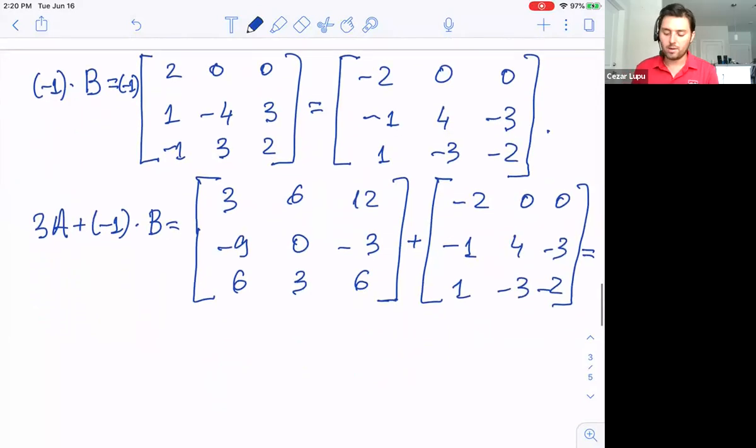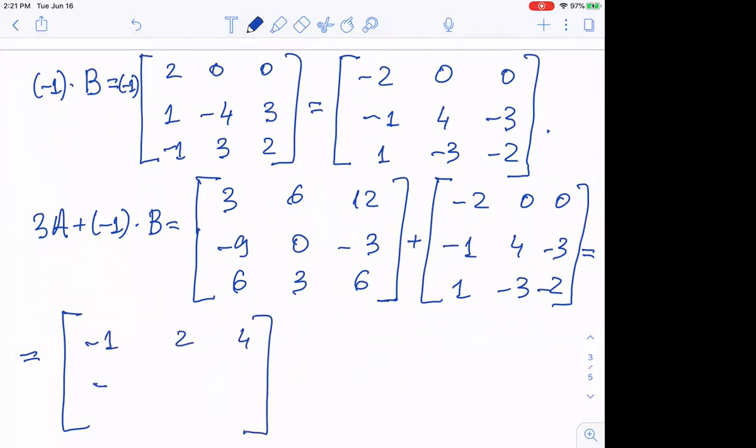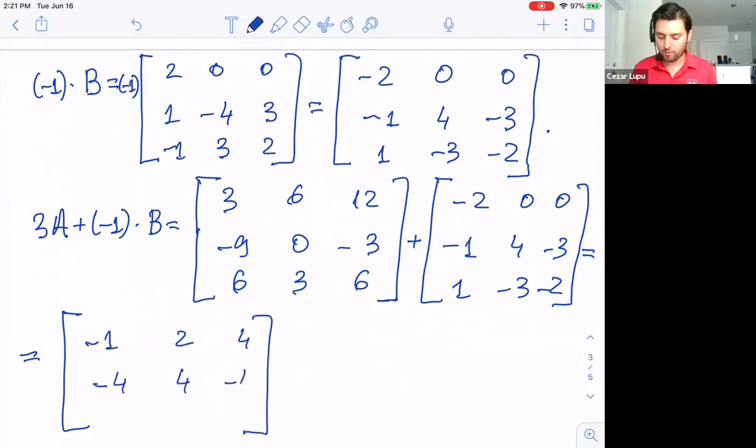Okay. And just like the usual addition, like we defined, this will give us something like -1, 2, 4, -4, 4, -4, and 3, -2, 0. Okay.